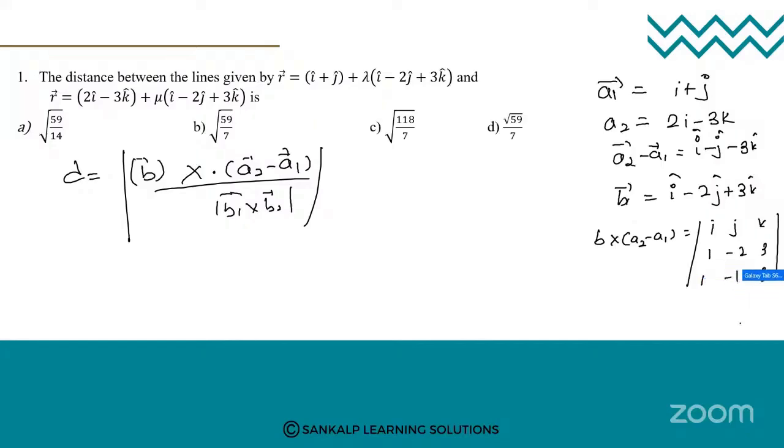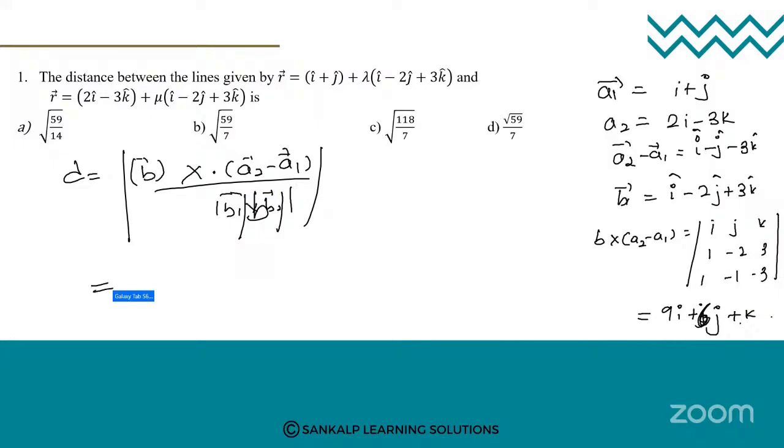Here I'll get 6 plus 3, that is 9I, minus 3 minus 3 minus 6, minus of minus becomes plus, plus 6J, plus K. Correct?